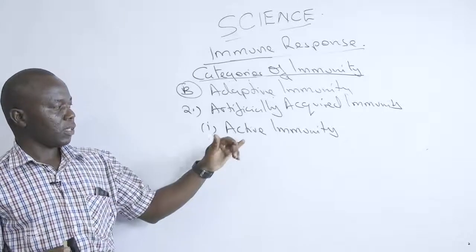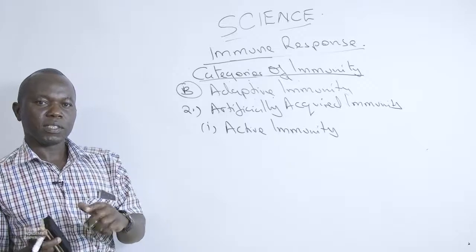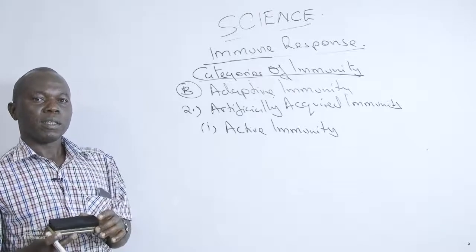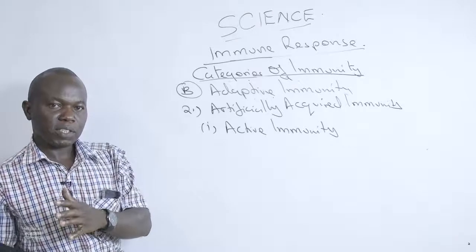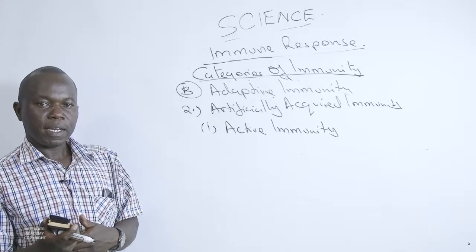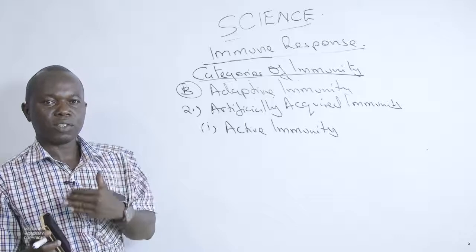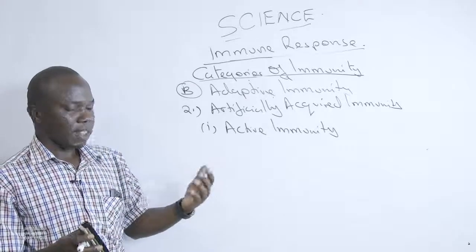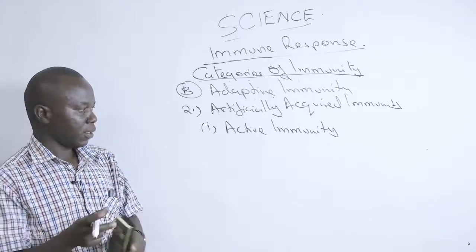Active immunity is the one that involves vaccination. A weak form of a pathogen is introduced into the body of a person. And because that pathogen is weak, it is easily destroyed by the antibody. So the body produces its own antibodies against those pathogens. And then it is retained in the memory cells.